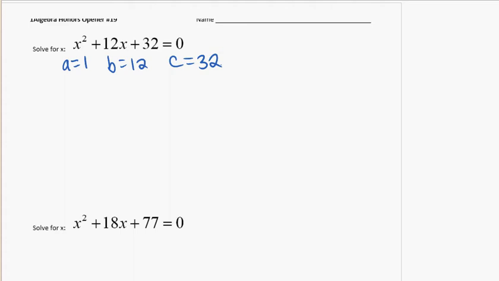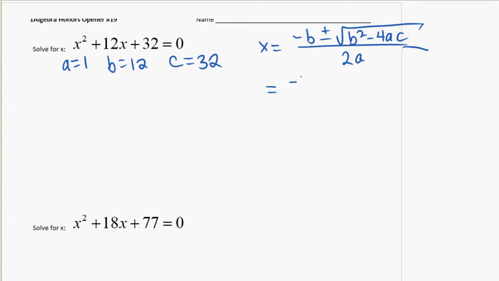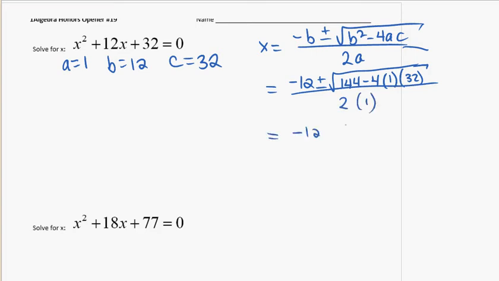And so when you use the quadratic formula on that, minus b, let's review it again, plus and minus the square root of b squared minus 4 times a times c, all over 2 times a, which is, when I plug in, minus 12 plus and minus the square root of 12 squared is 144, minus 4 times a 1 times c 32, all over 2 times 1, which is negative 12 plus and minus 4 times 32 is 128.